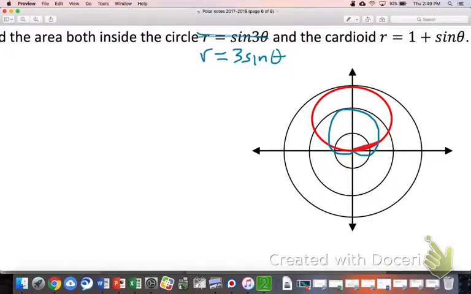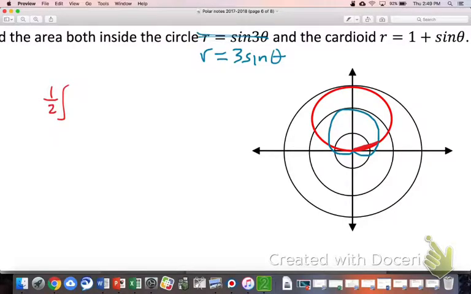Wouldn't it be that little itty bitty sliver there you can see? The whole time the radius is determined by the circle. So I'm going to say that area is going to be 1/2 of the integral from 0 to what? Whatever angle determines the intersection point. How do you think we could find that?